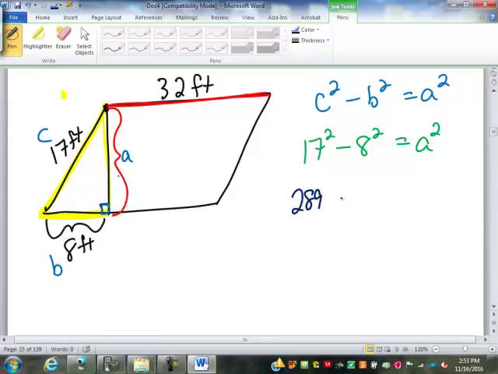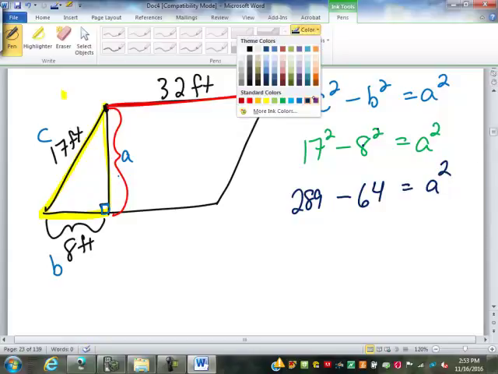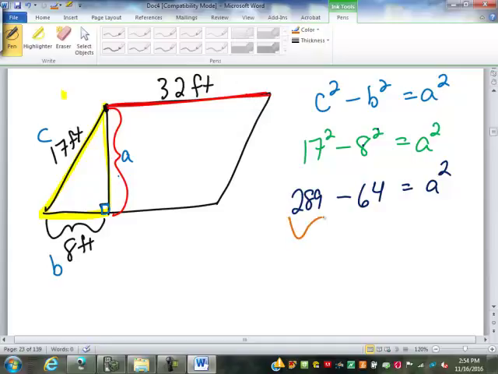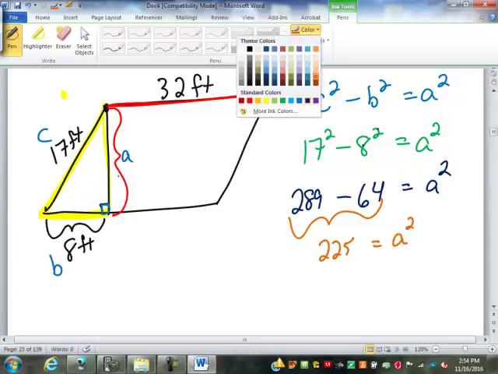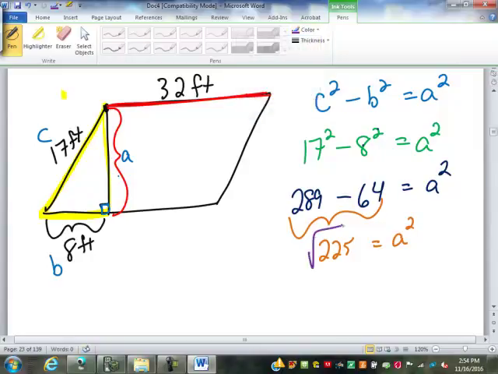17 squared is 289 minus 8 squared is 64. That still equals A squared on the other side there. If I subtract 289 minus 64, I get 225. So 225 equals A squared. What do I have to do to that? Square root.